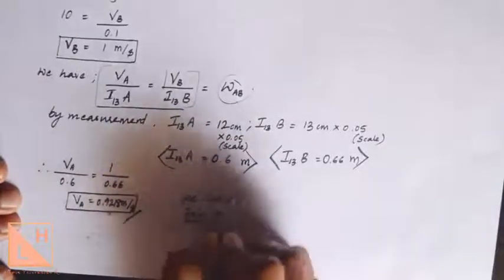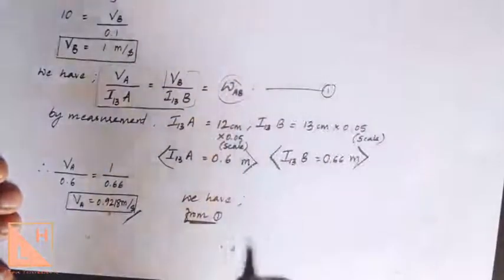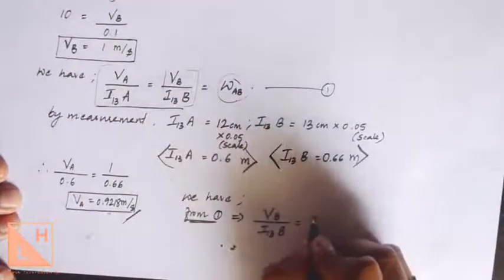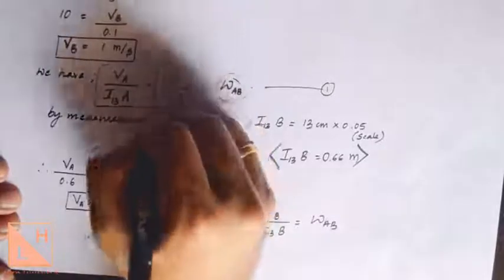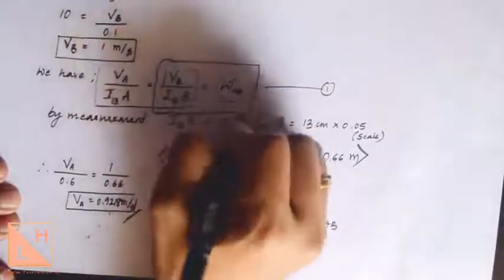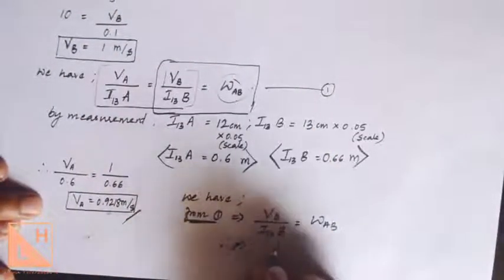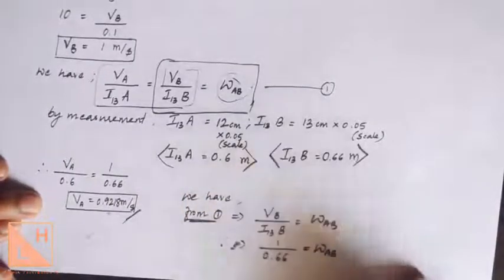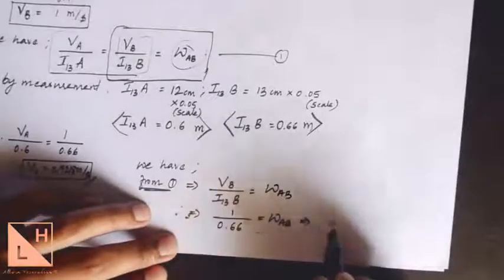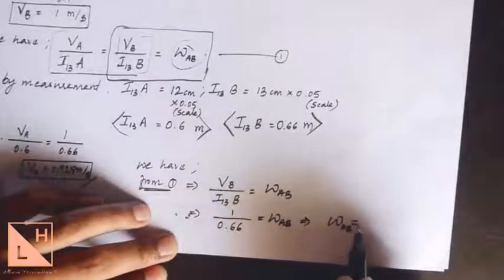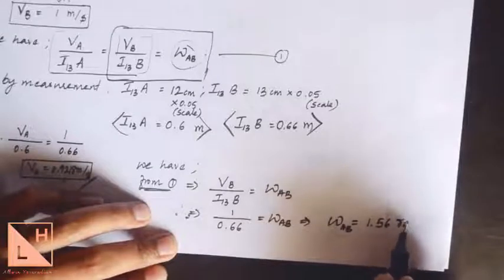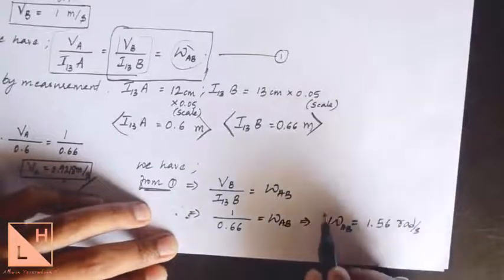From equation 1, so let me have this as equation 1. Now I am taking only these two parameters. We will get the angular velocity of the connecting rod as 1.56 radians per second.